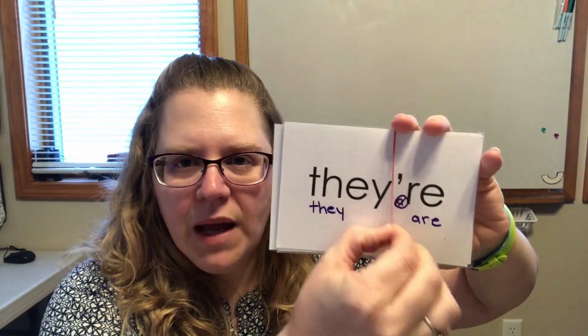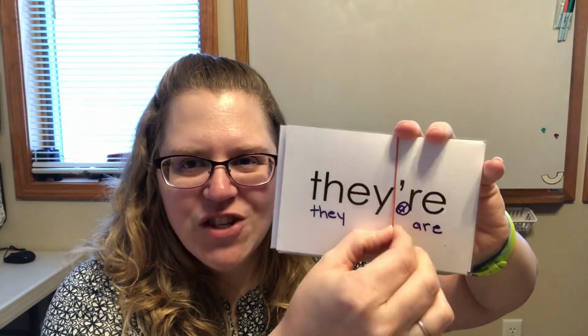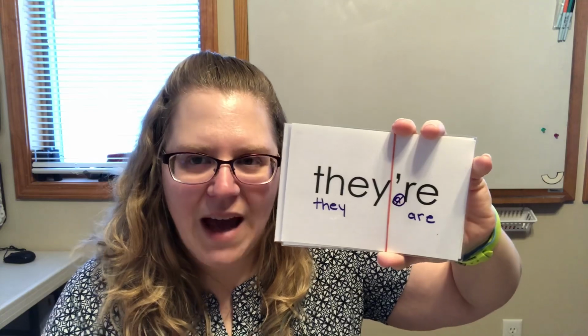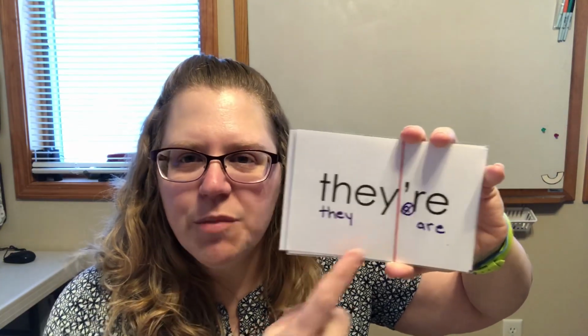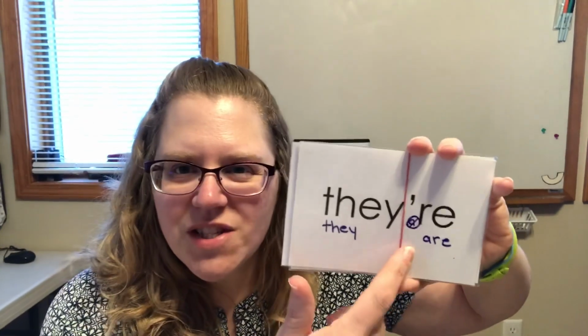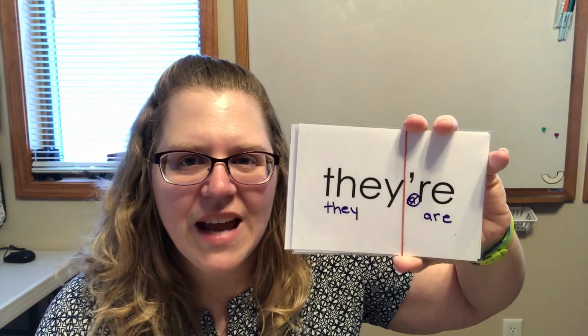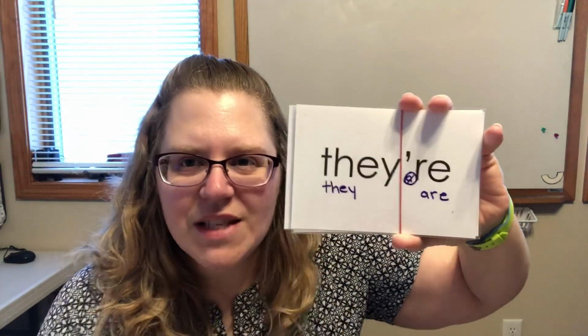I always put a rubber band on my card for my students. This reminds them that it's a contraction, and I explain when you stretch that rubber band and then let it go back to its size, it's contracting or getting smaller, to help them remember what a contraction is. So this is just another tool for them to remember that this is a contraction and it represents two words shrunk down or squeezed into one word.